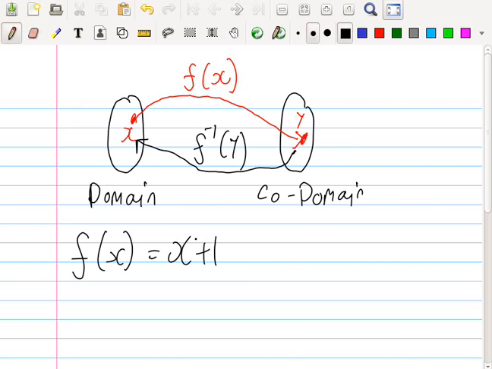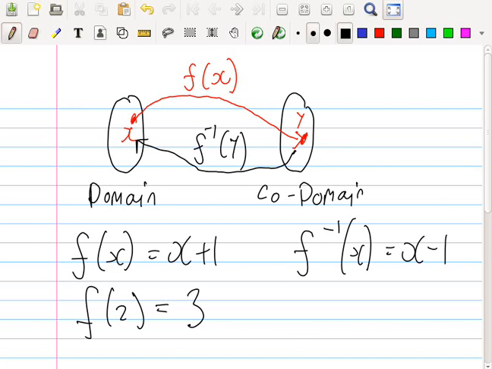So if you want to undo that, then the function that does that will be f inverse of x equals x minus 1. So this function here would undo what you did previously. So for example, f of 2, what would that equal? 3. And then what would f inverse of 3 equal? 2. 3 minus 1, yeah?